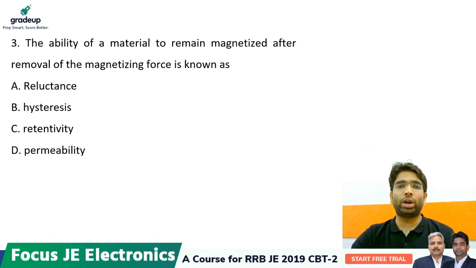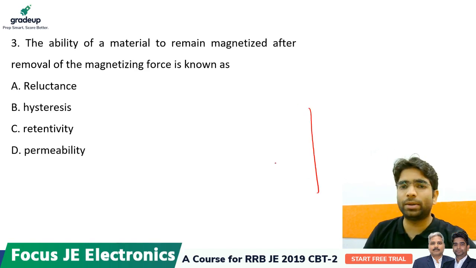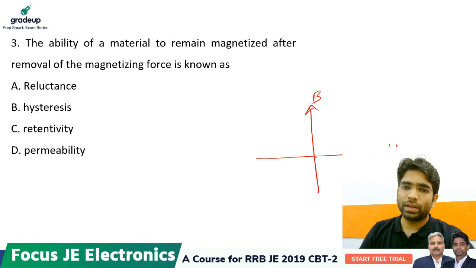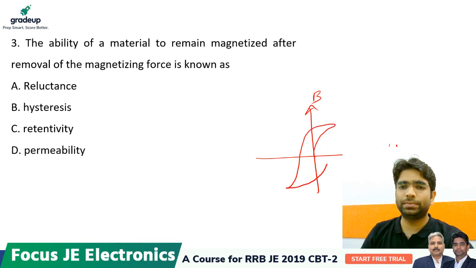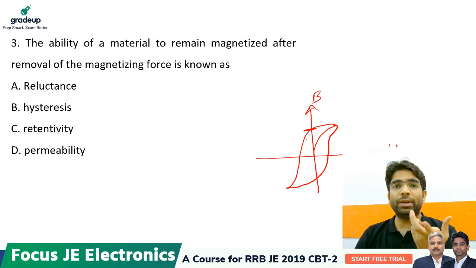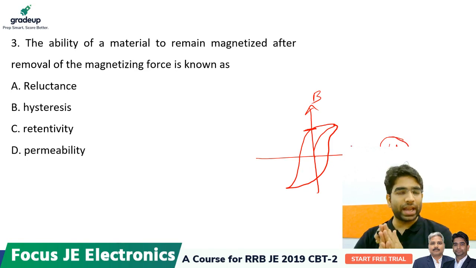The ability of the material to remain magnetized even after the removal of magnetizing force is? My dear students, please look at the BH curve. Here it was B, here it is H. This BH curve started from this and it was like this. This is retentivity: the amount of magnetization that a magnetic material is holding after the removal of the applied magnetic field. The applied magnetic field was H. It has been removed, meaning H is 0.